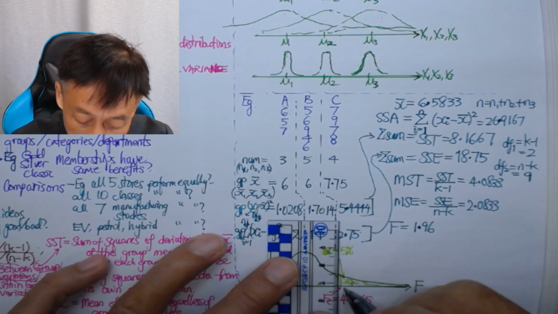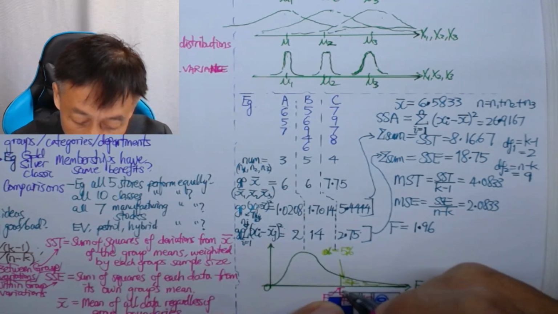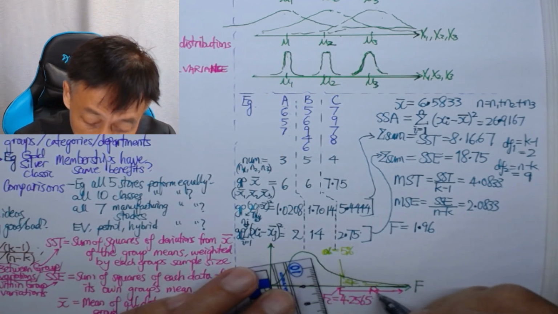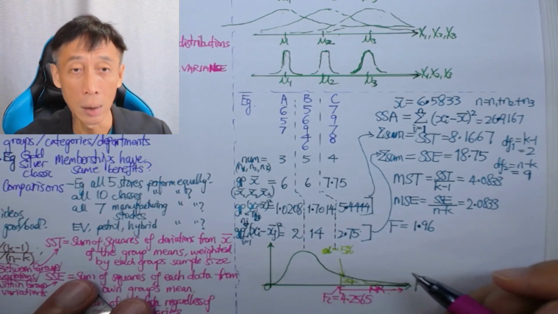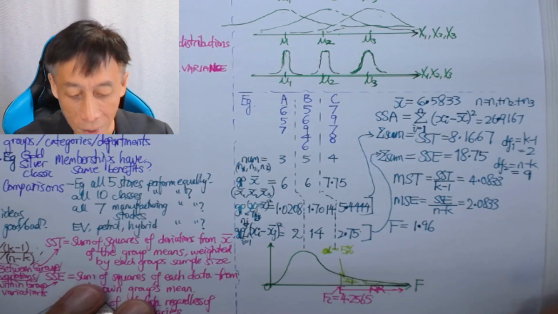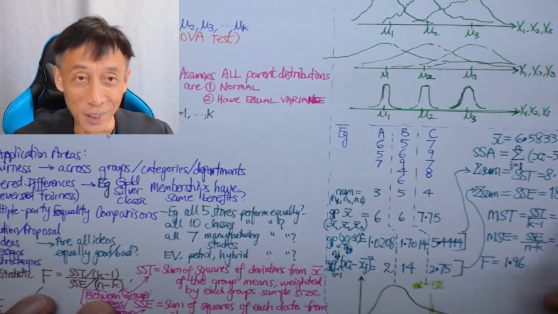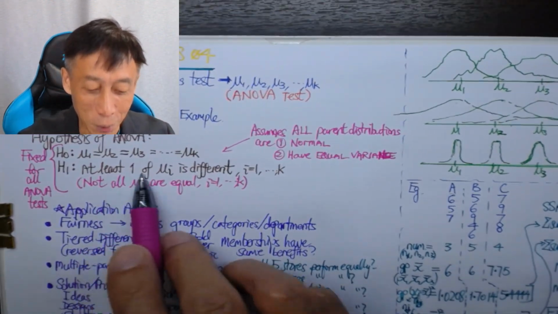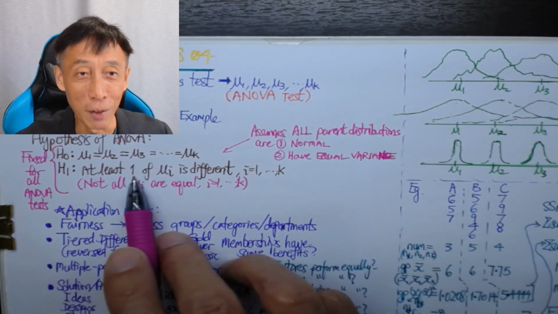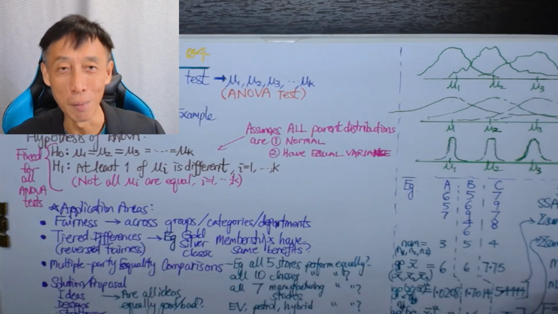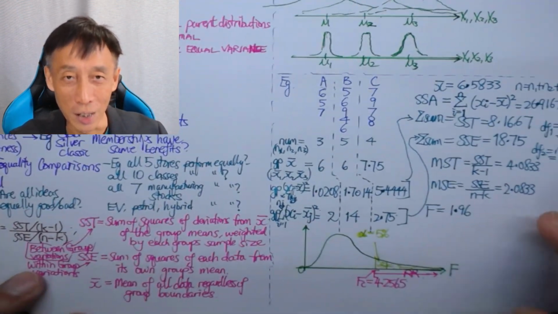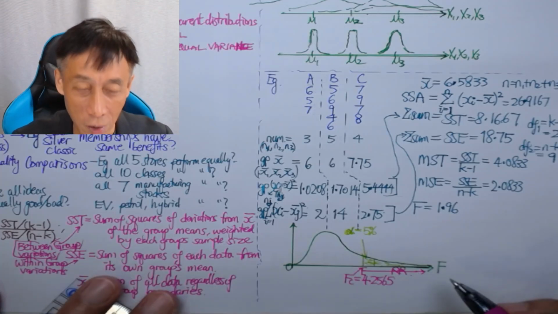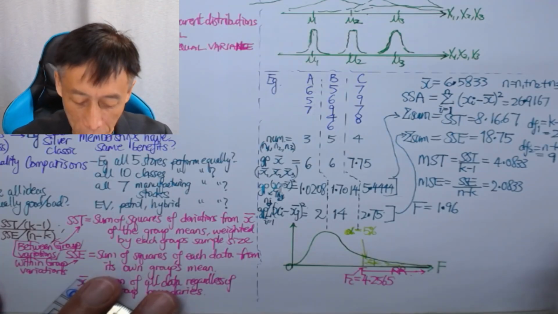Now notice that in this case, our rejection region is on the right side. If you recall, our one and two population mean tests depended on the H1. Here H1 is at least one of these differs, and we no longer have a clue from it. So you have to remember that for the F distribution, it's always right-sided, unless you're doing a confidence interval for variance, which is another topic altogether.